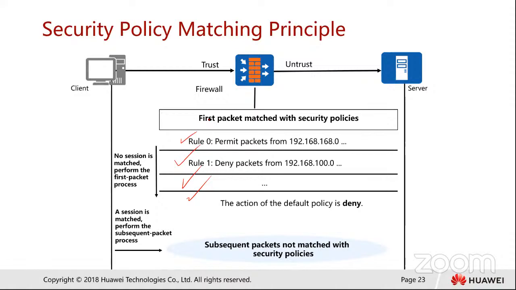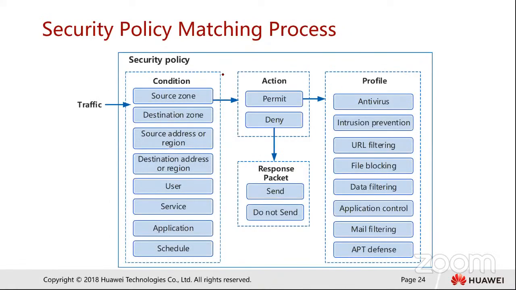The default action is to allow. If no session is matched, then perform the first packet process and match it to security policies. If the session is matched, then perform the subsequent packet process; they are not matched with security policies. They are just forwarded to the intended destination.